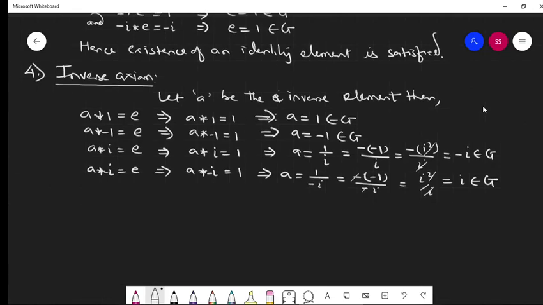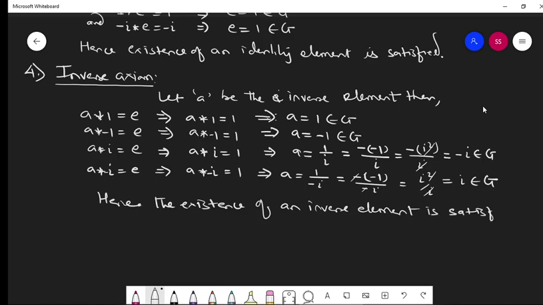From all these examples, what we obtain? Hence, the existence of an inverse element is satisfied. In all cases, we get the inverse element which belongs to the given set. That's the existence of the inverse element satisfied.